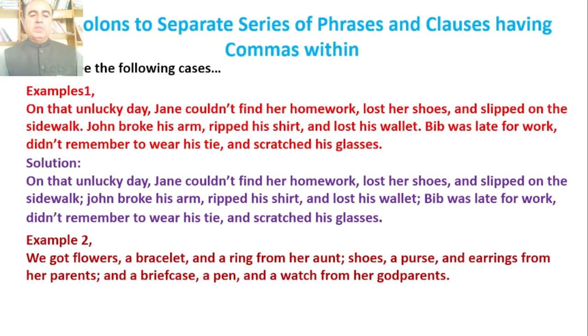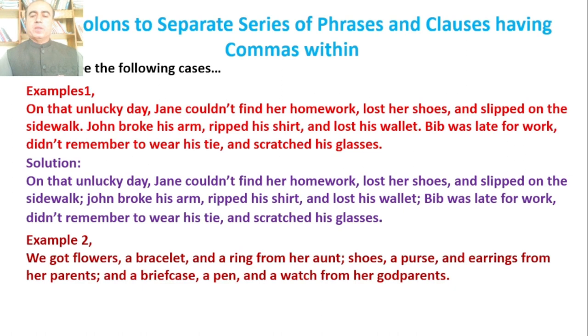We got flowers, a bracelet, and a ring from her aunt; shoes, a purse, earrings from her parents; and a briefcase, a pen, and a watch from her grandparents. Here I have given the semicolons along with the solution because space was the issue. Otherwise, what could it be?